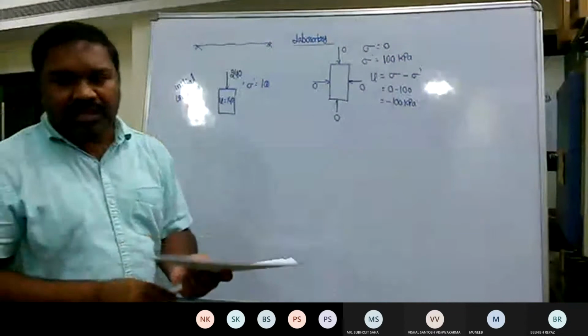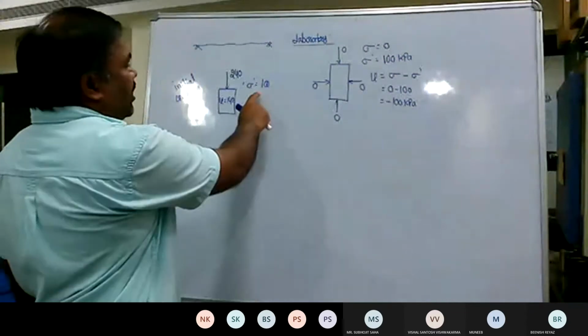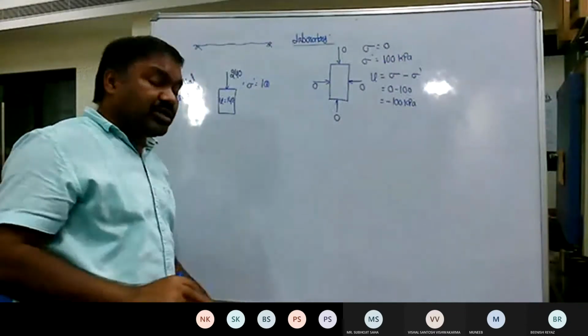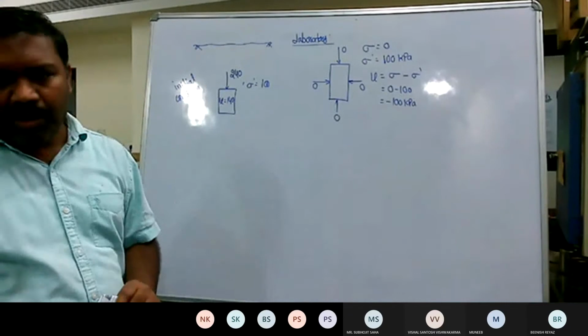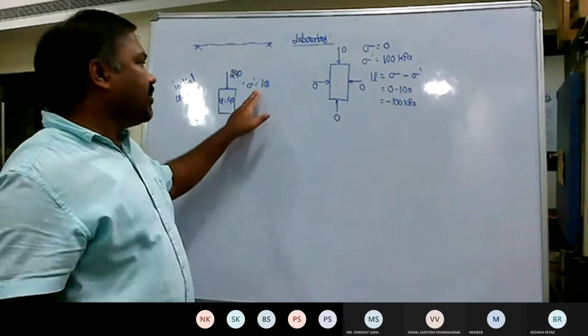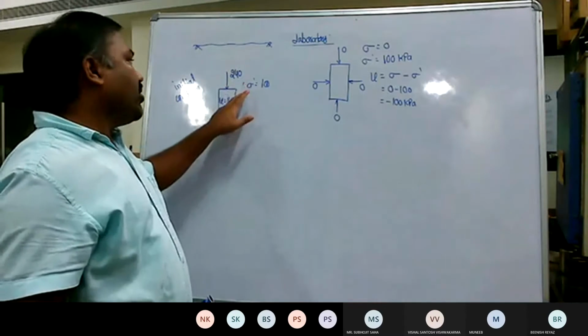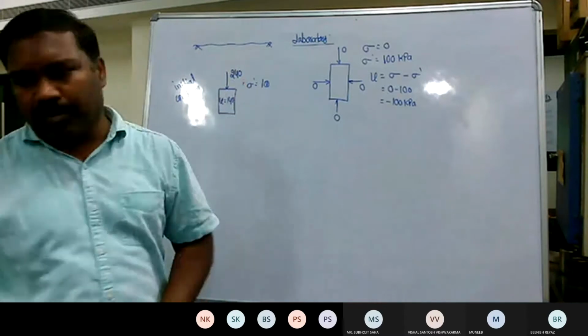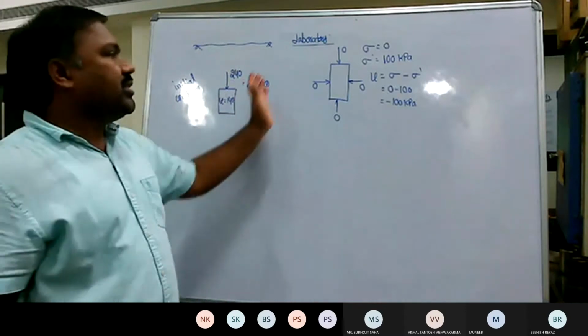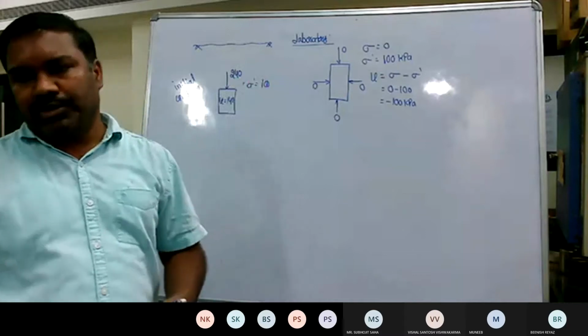But in the field, measuring the total stress is very difficult. Fortunately, here sigma dash of 100 kilopascals has been given. Most of the time, what we know is only the total stress and pore water pressure. The remaining things we should be able to calculate.